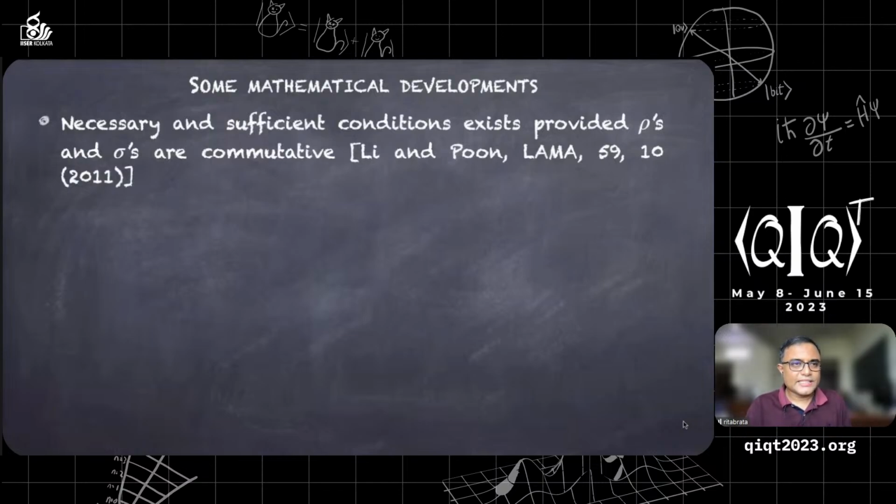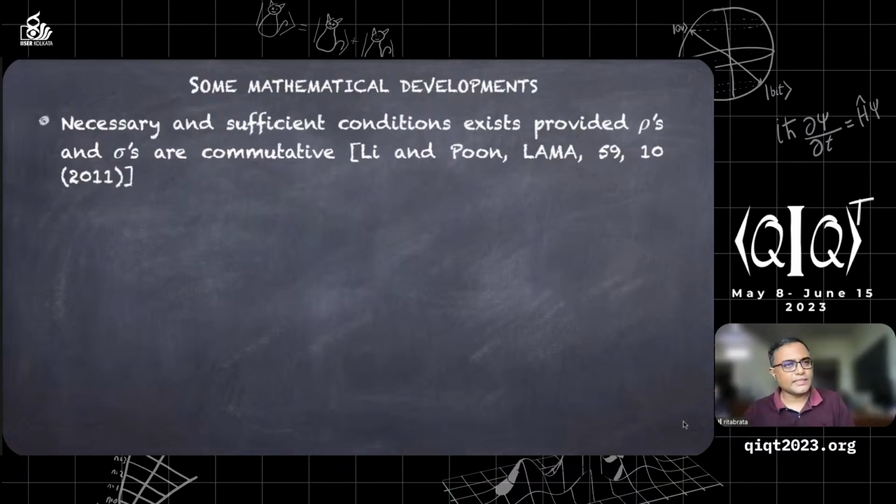So basically, you are considering a situation where the diagonals go to the diagonals. If that is the case, can you write down the map explicitly? They came up with a nice set of conditions on that. But you understand that this is a very strong condition, because you are asking that all the rho i's be diagonalized by a single unitary and all the sigma i's be diagonalized by a single unitary.